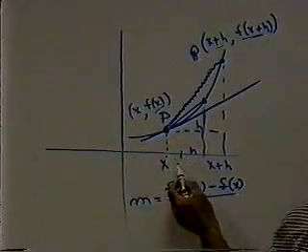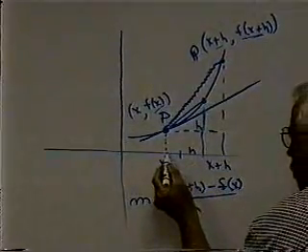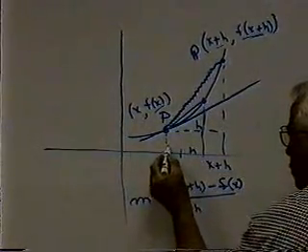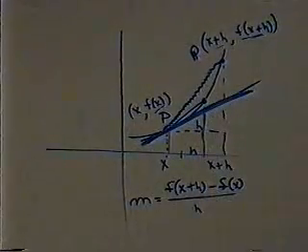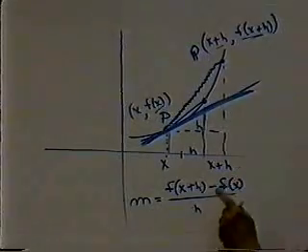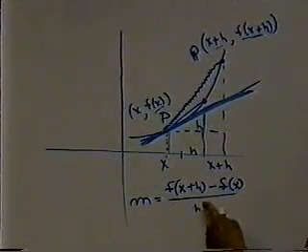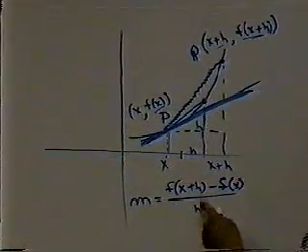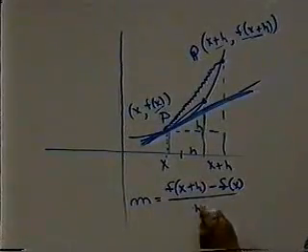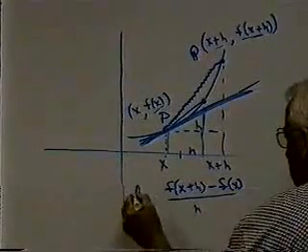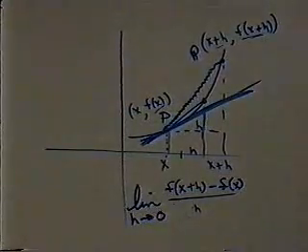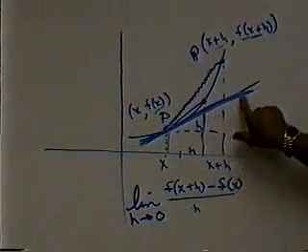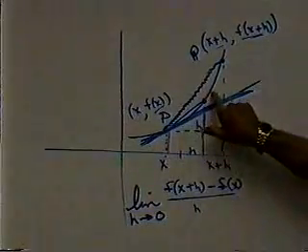And what happens when h is almost 0, when point Q is almost next to it, is the tangent line. So as h is getting smaller and smaller and closer and closer to 0, in other words, when we take the limit of this as h approaches 0, what we're getting then is this line out here that just touches once.